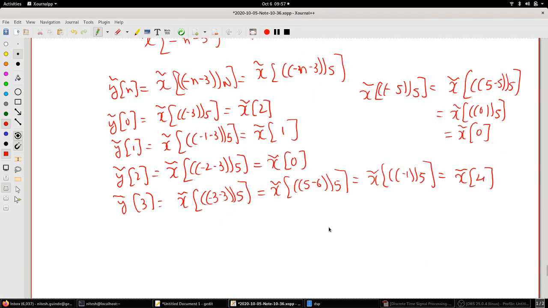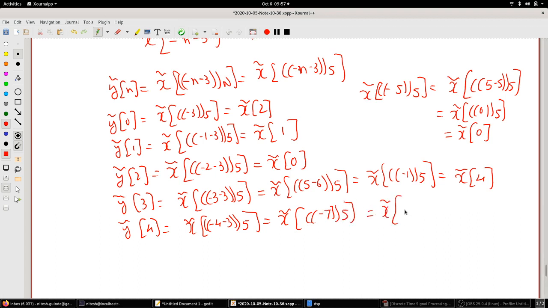Okay. Now y tilde of 4 is x tilde of minus 4 minus 3 mod 5. So this is x tilde of minus 7 mod 5. Minus 7 mod 5 is x tilde of minus 2 mod 5, which is x tilde of 3.